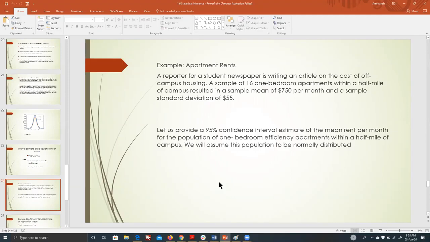You have 16 one-bedroom apartments within half a mile of campus, so you're trying to estimate off-campus housing. The sample mean is $750 per month and the sample standard deviation is $55.